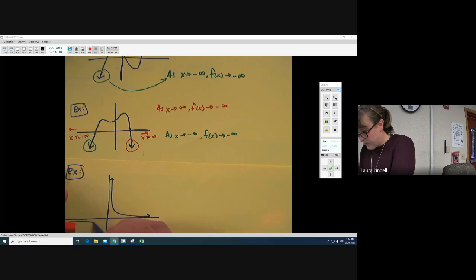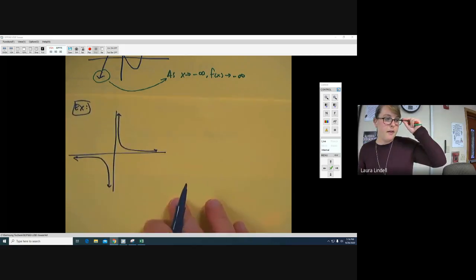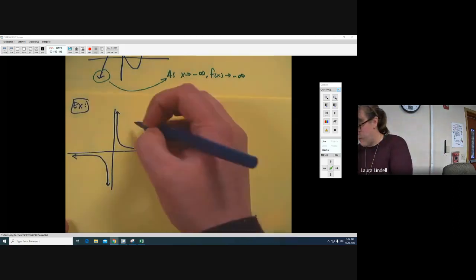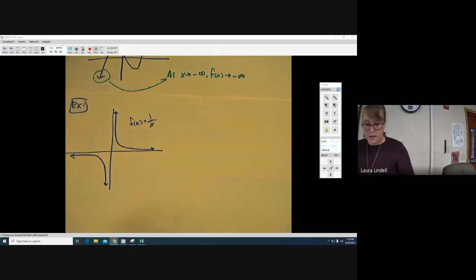We might even see something like this again that we saw on our examples with discontinuity. This was that function f of x equals 1 over x. And this has a lot more arrows in it than the previous two graphs have had.